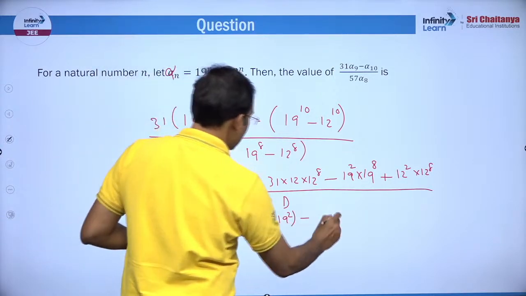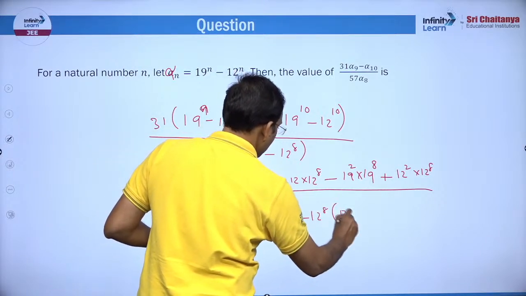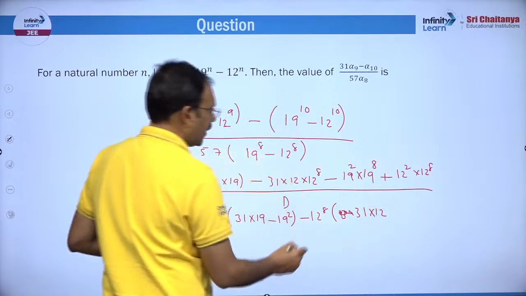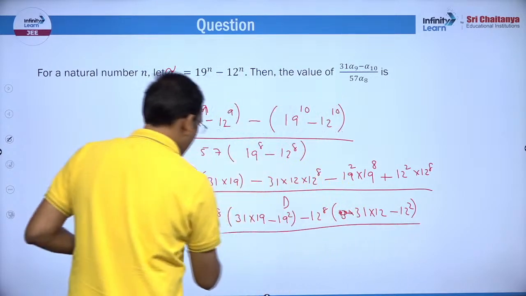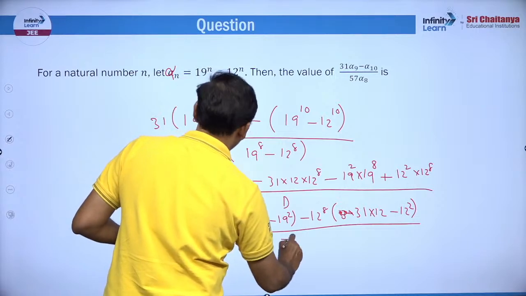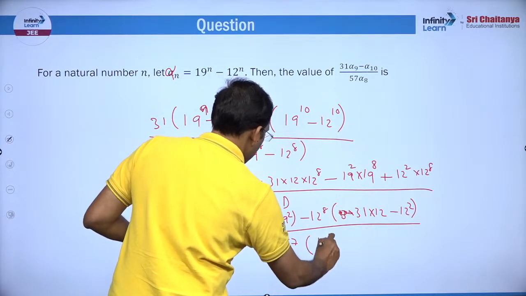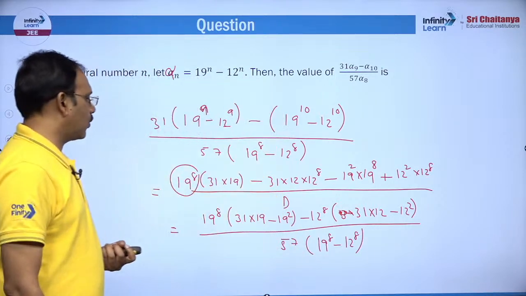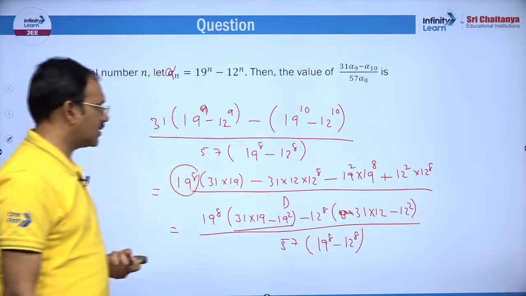Similarly, you take 12 power 8 common, 31 into 12 minus 12 square, by 57 into 19 power 8 minus 12 power 8. Mostly you are going to get this number and this number is going to be the same.